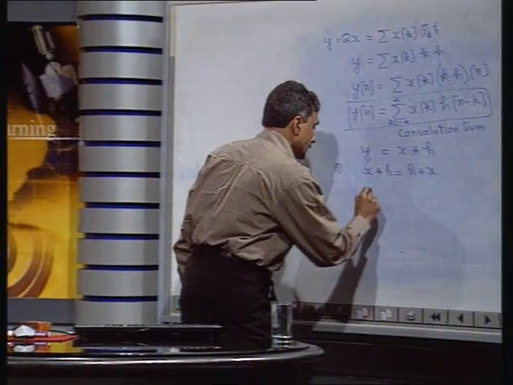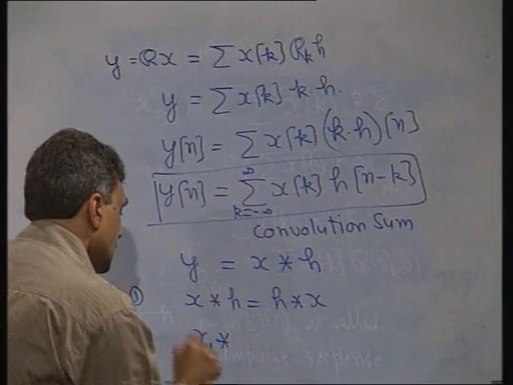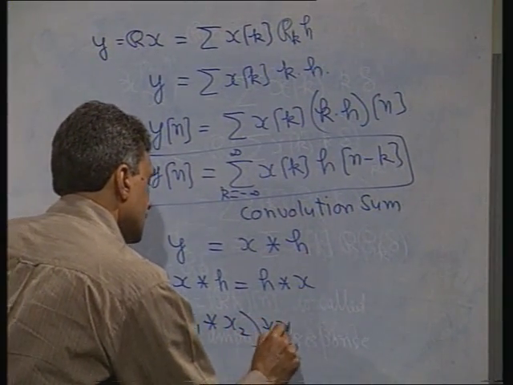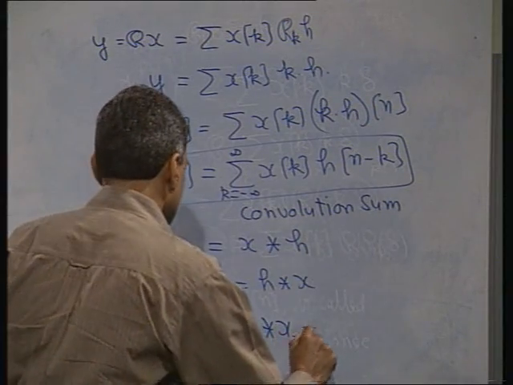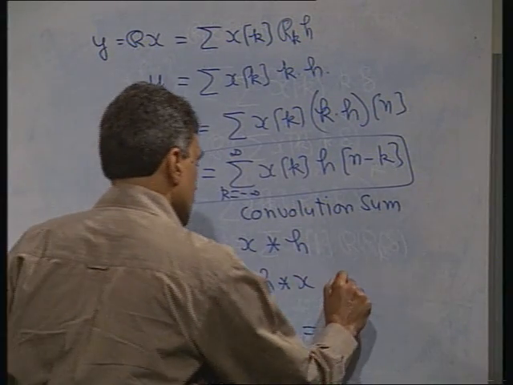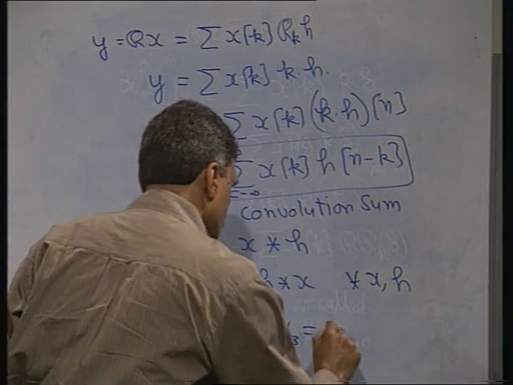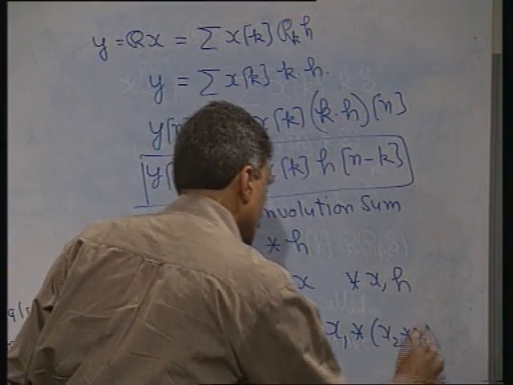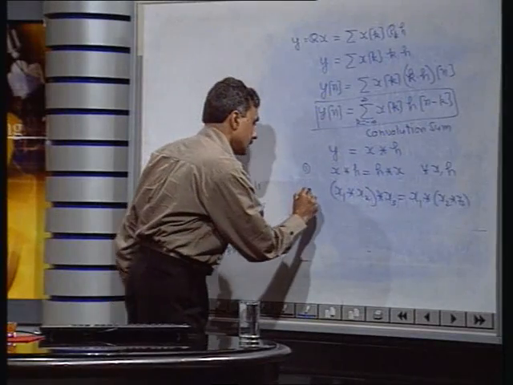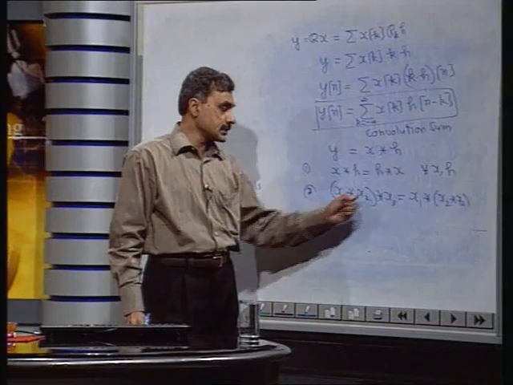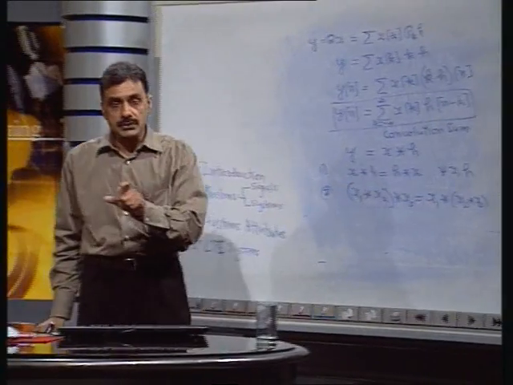So associative: x1 convolved with x2 convolved with x3 is the same thing as... These equations are true for all x and h of our interest, and this is also true for all x1, x2, x3. So convolution is commutative, convolution is associative, and convolution distributes over addition.